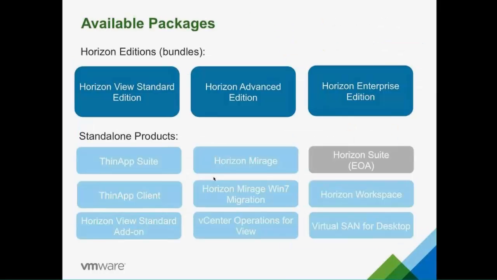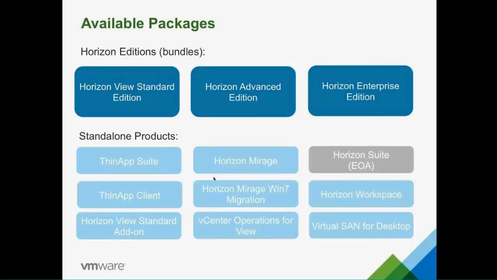Again, we look at the bundles. There are 3 bundles: Horizon View Standard Edition, Horizon Advanced Edition, and Horizon Enterprise Edition. Okay? And these standalone products go in addition to that, right?